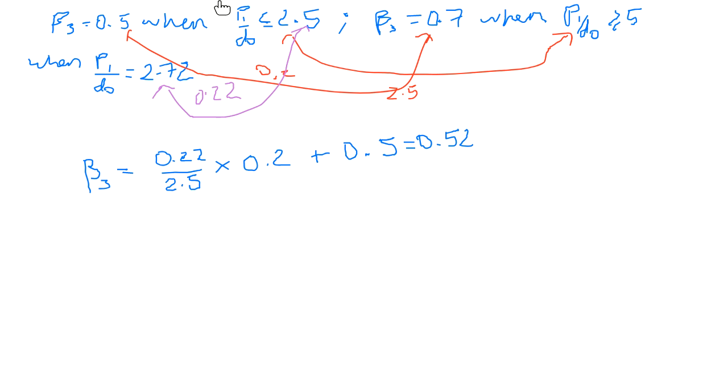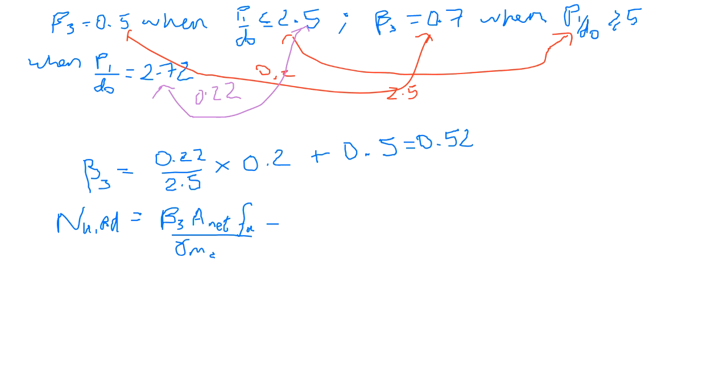Okay, so then the ultimate resistance of that one is equal to beta 3, so this is from beta 3 that we just calculated, A net that we calculated on the page before, fu, which is the ultimate strength, divided by gamma M2.